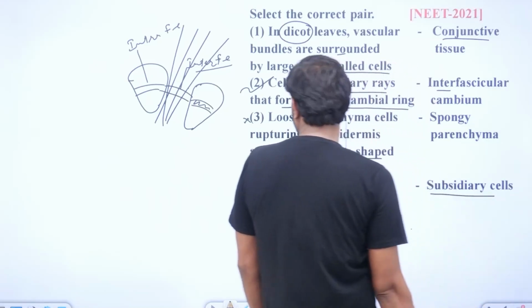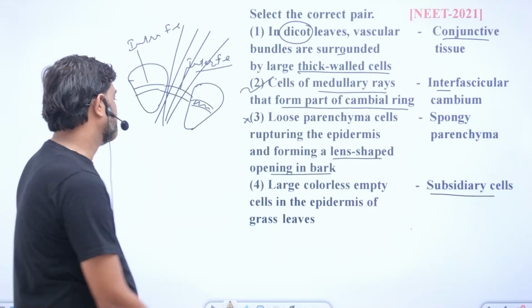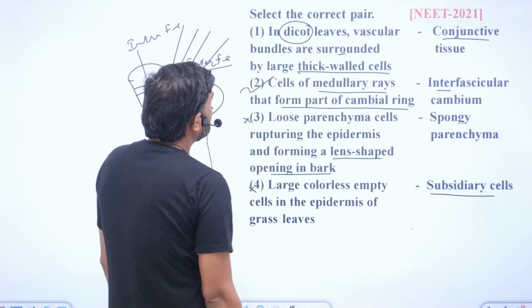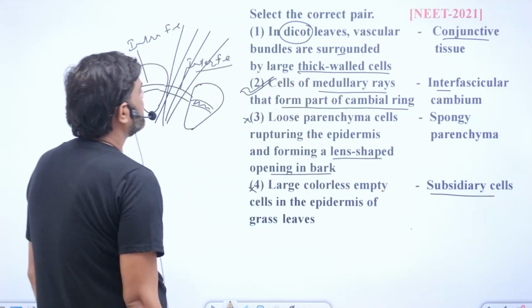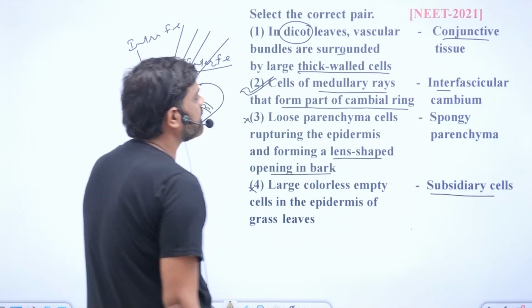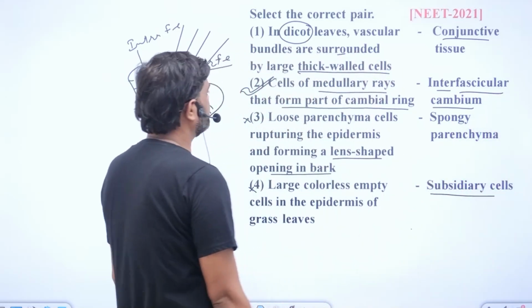These cells are called bulliform cells. Means the fourth statement is wrong. Means the correct pair is second. Means the correct answer is the cells of medullary rays that form part of the cambium ring, interfascicular cambium. Means the right answer is second. Next question.